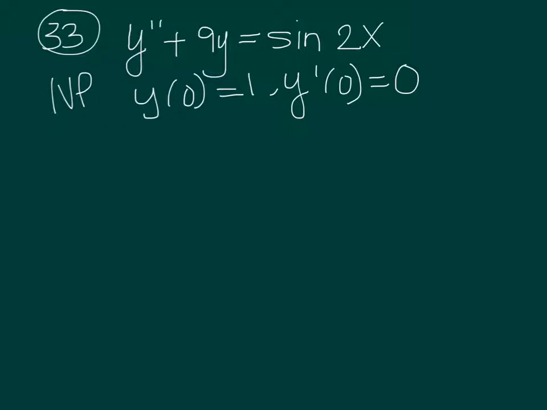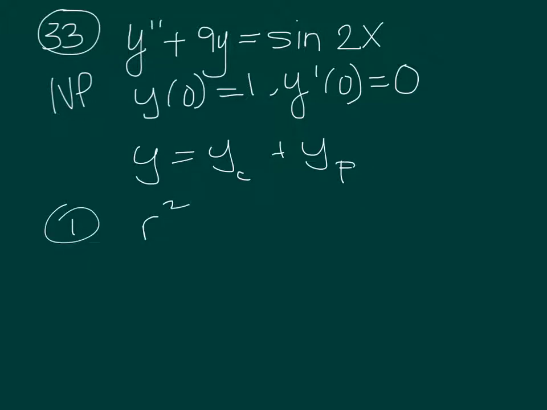So, 80% of the work we already know how to do. It's just finding the sum of these guys and then using our initial conditions. Okay, so our characteristic equation, it's not going to be bad. We've done this many times. R squared plus 9 equals 0.